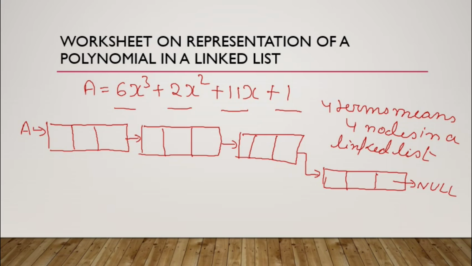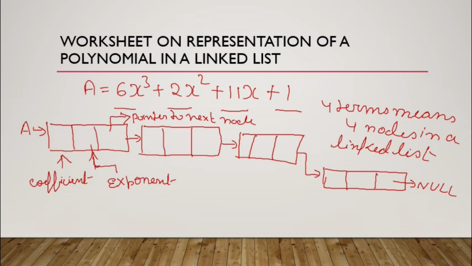The first field is the coefficient, the second field is called the exponent, and the third field is called the pointer to the next node.